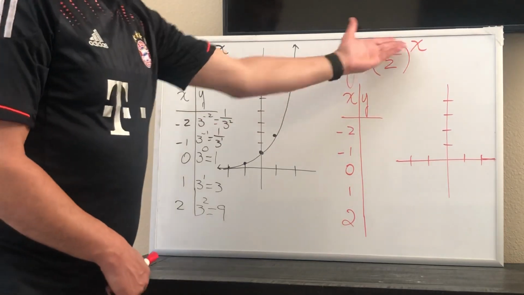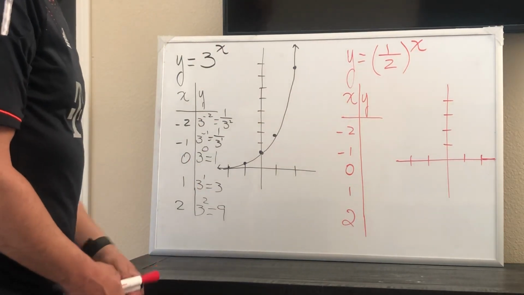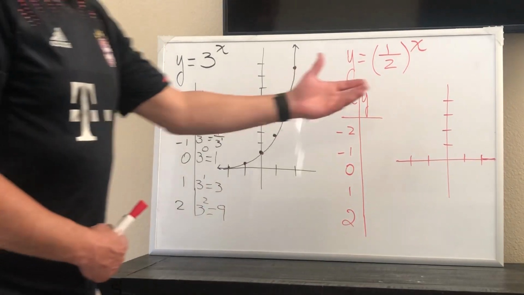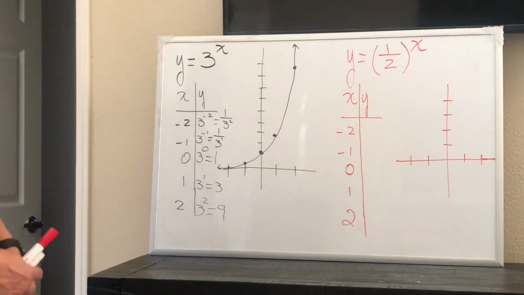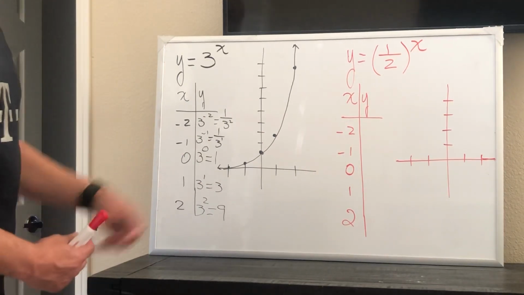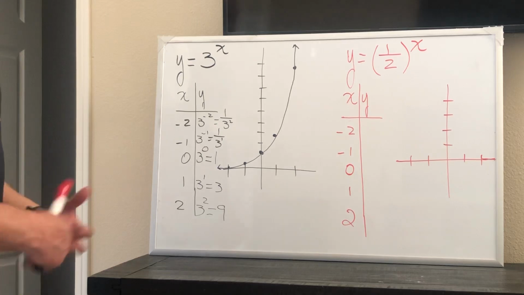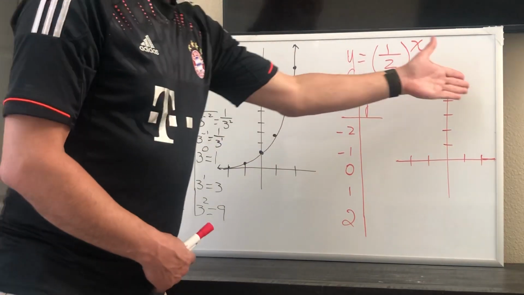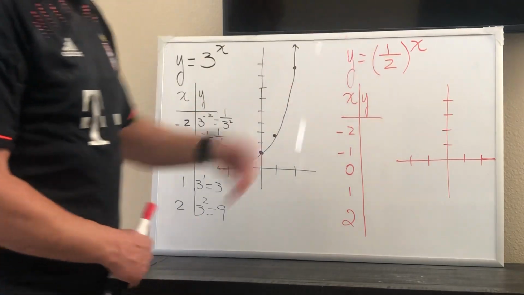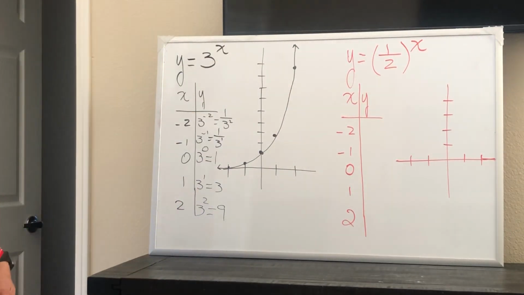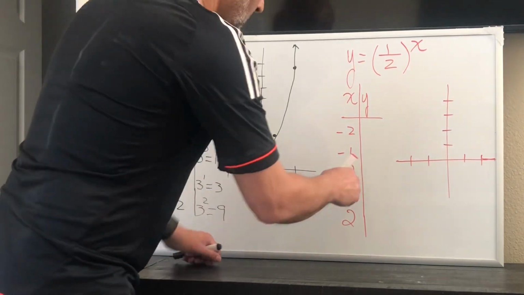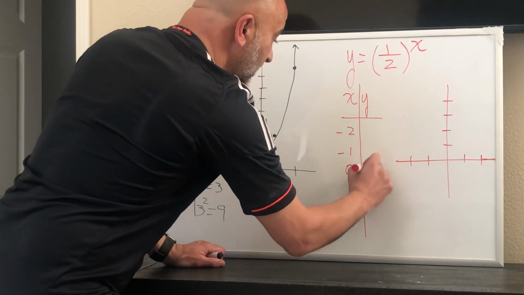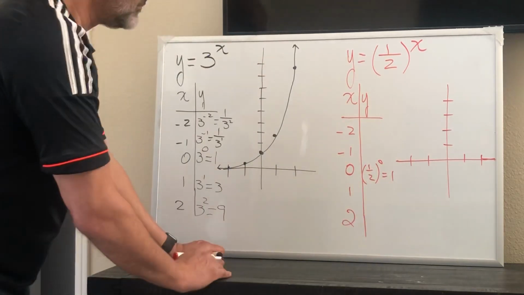On we go to 1/2 to the power of x. We do remember from the other video that this graph will be the same type of graph, except instead of going to infinity on the right side, in this case we'll go toward infinity on the left side. Okay, here we go. When x is 0, we have 1/2 to the power of 0, which is 1.